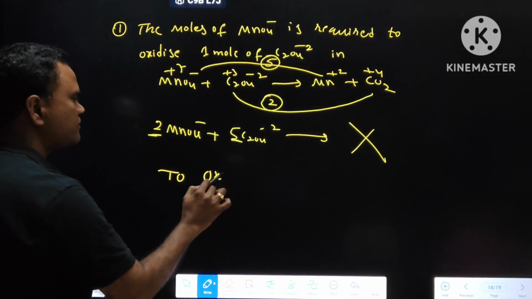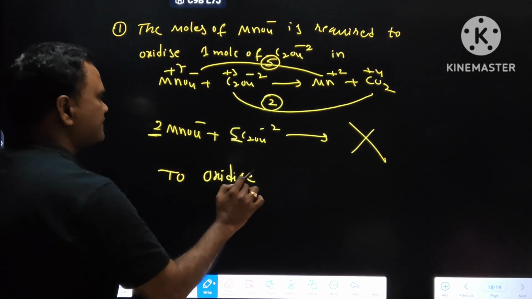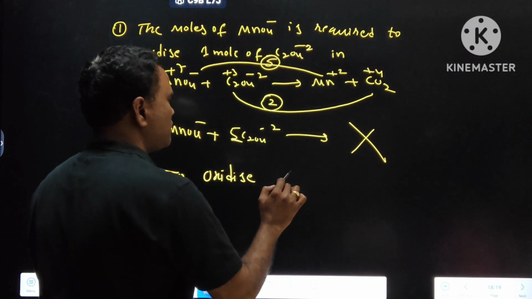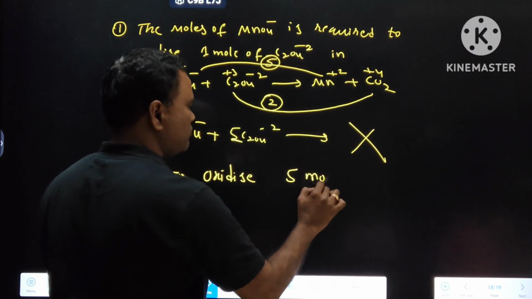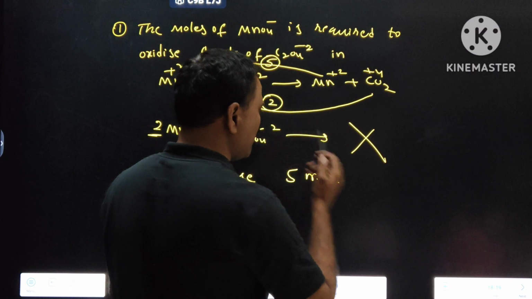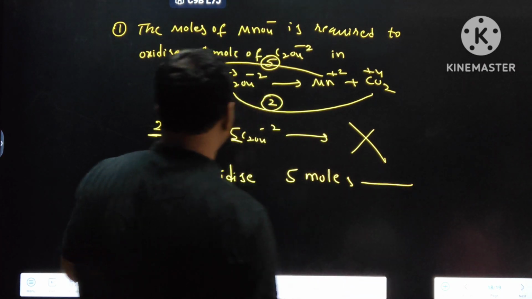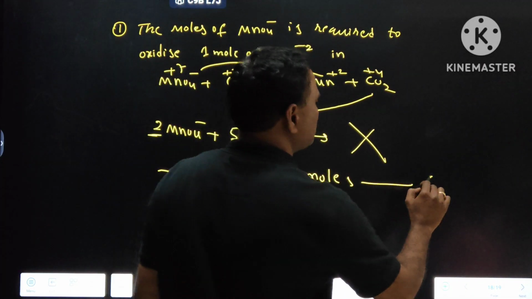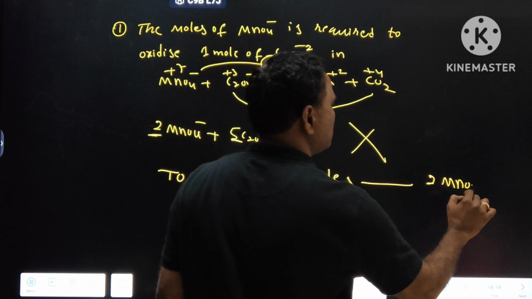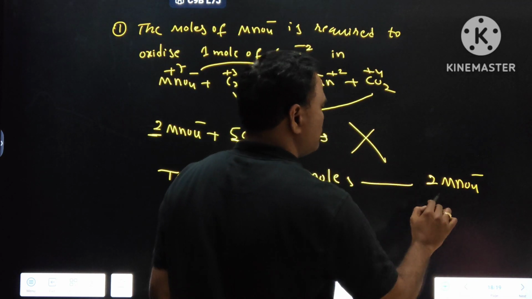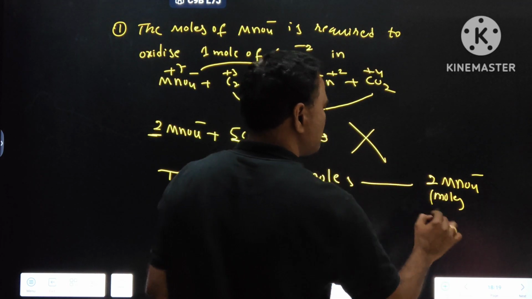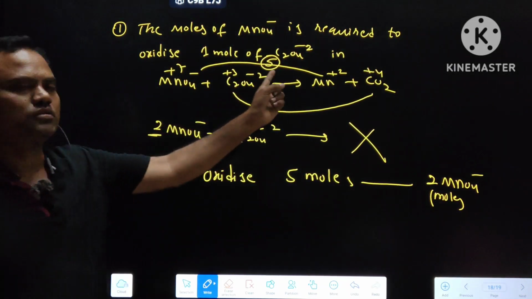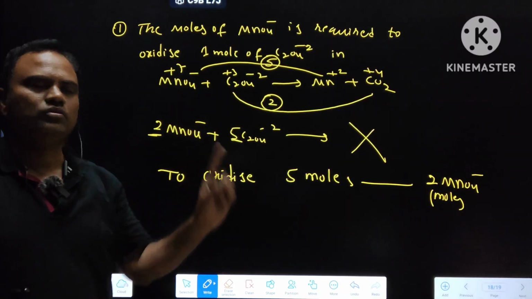To oxidize 5 moles, how many moles of MnO4 are required? 2 moles of MnO4. But in the question, to oxidize how many moles? 1 mole only.